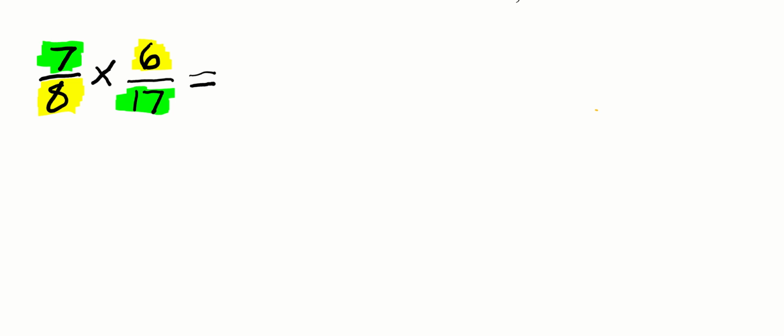In this case, we see both pairs highlighted in different colors. One pair is in green, the other pair is in yellow. In the case of our green pair, 7 and 17, the greatest common factor is 1, so they remain the same.